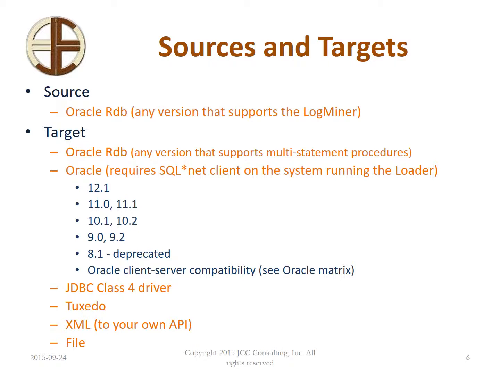You can use a JDBC class 4 driver. The advantage of a class 4 JDBC driver is that it runs completely in Java, and so you can run it on any environment where you have a Java runtime engine. We also support Tuxedo, or can write XML to your own API, or we can write to an output file.